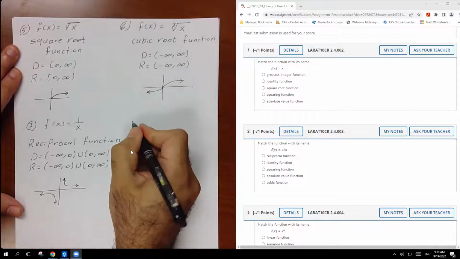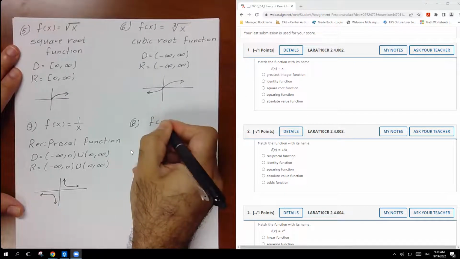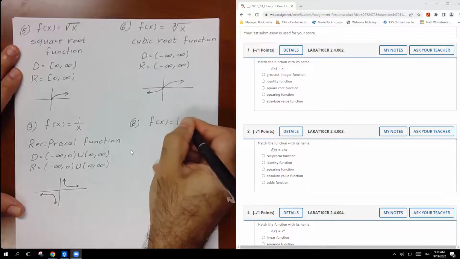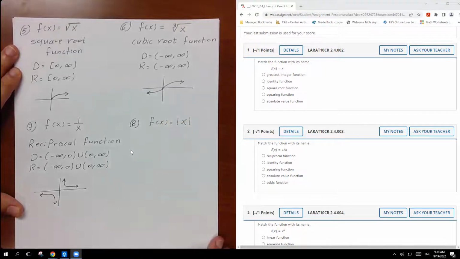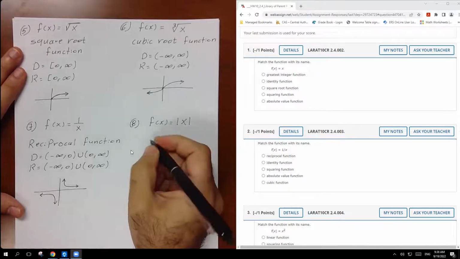Number 8, if you have f of x equal absolute value of x. Absolute value of x. Absolute value, this is called absolute function.